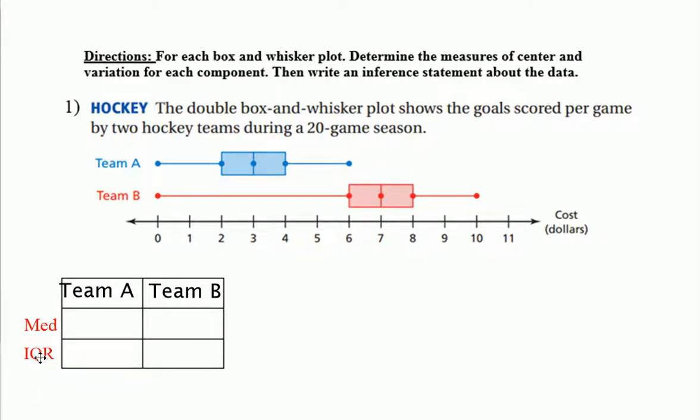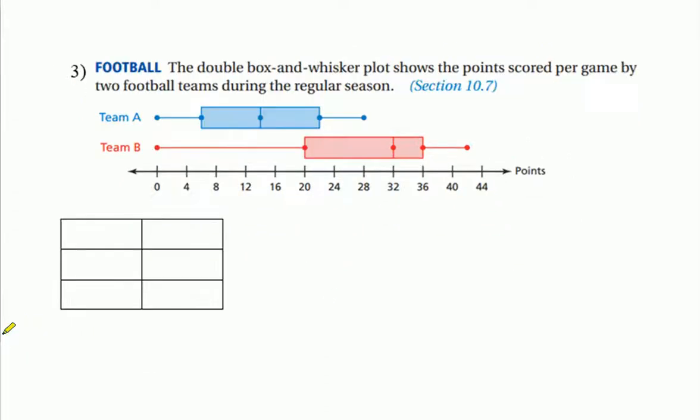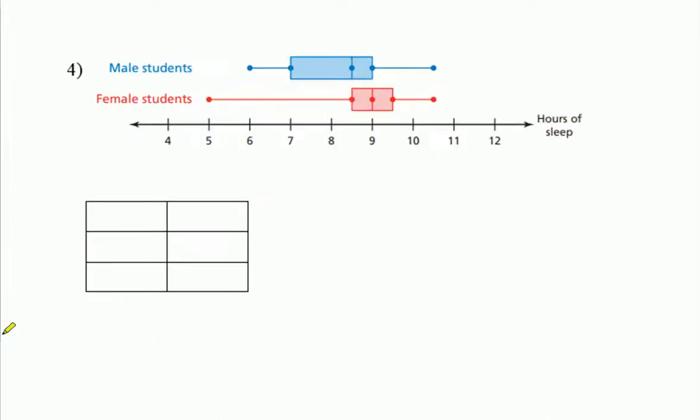I'm finding a measure of center, and that's, if you look at the language here, for each box and whisker plot, determine the measure of center, which in this case we're talking about median, and a measure of variation, which in this case we're talking about the interquartile range. So you're going to find the median and the interquartile range for each one, and in this empty space over here, you're going to write your inference. Write the inference statement.